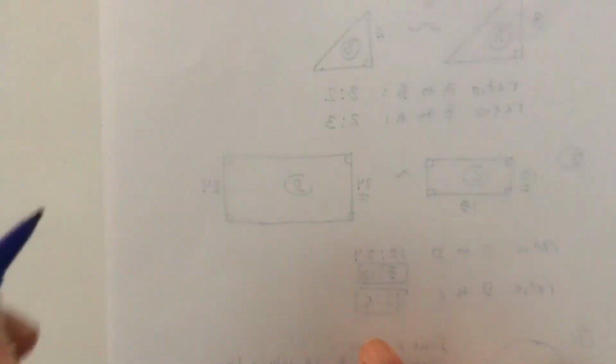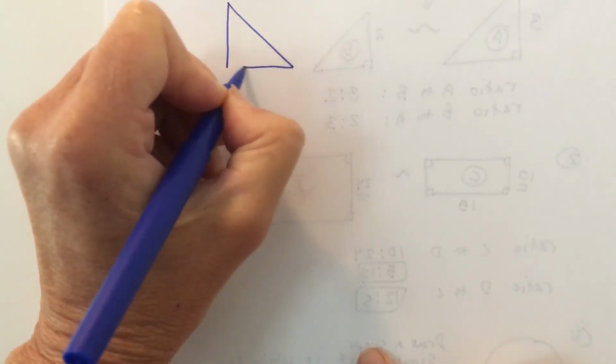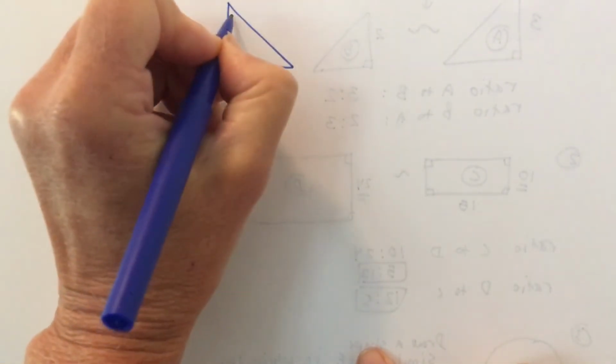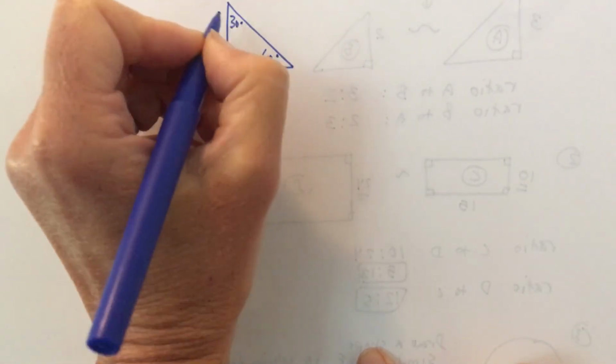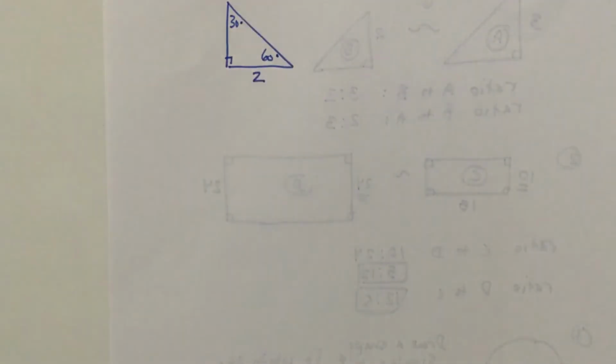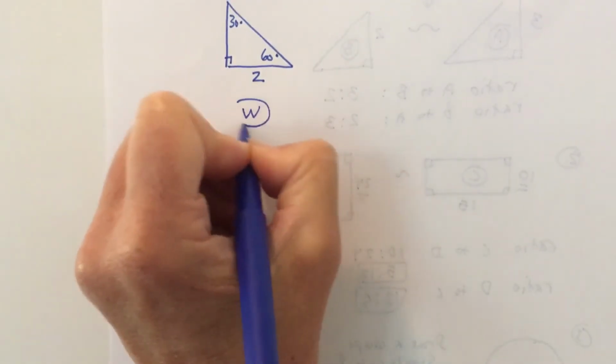Okay, and this time I'm going to draw W. So I'm going to draw a triangle. I'm going to make this 30. I'm going to make this 60. I'm going to make this 2. Okay, all right, and that one I'm calling W.